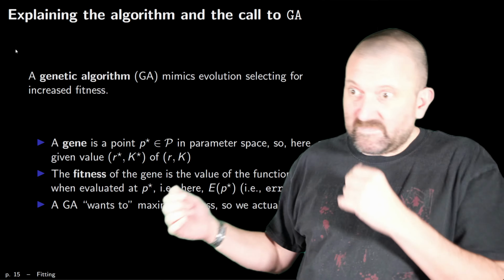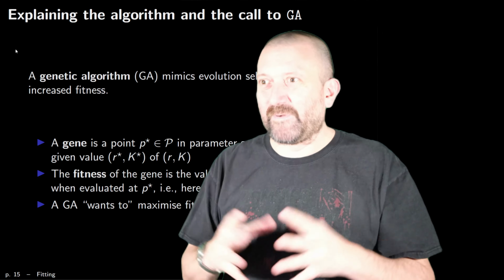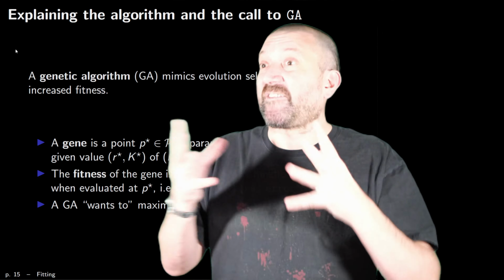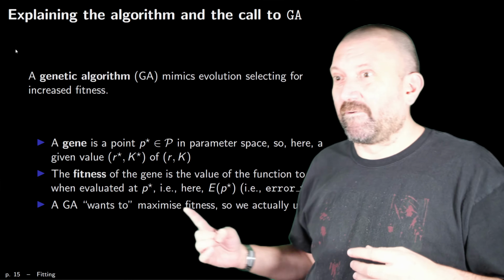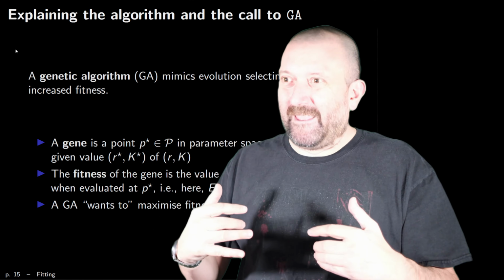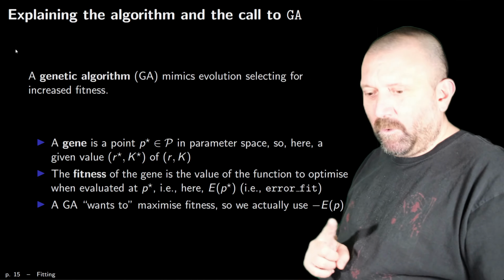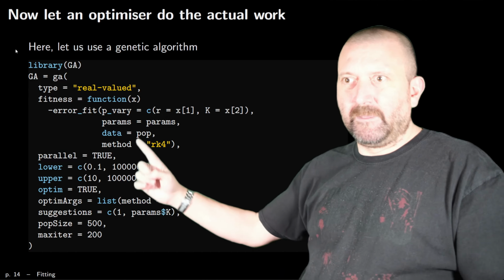And what the genetic algorithm wants to do, the way it's implemented, is maximize fitness. So it's looking for the highest possible fitness. Here, I want to minimize. So if I go back here, you'll see that I'm calling with minus error fit.